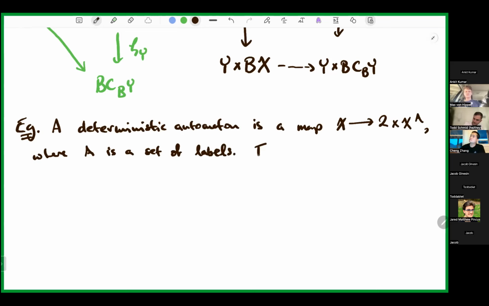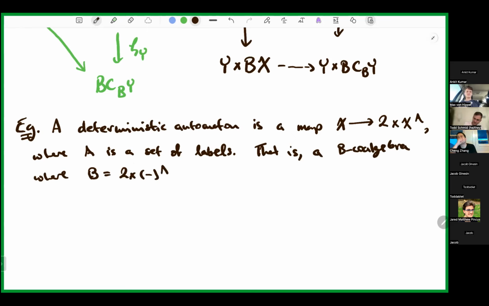So that is a B coalgebra, where B is 2 times whatever the input is to the A, and these are maps from A in.